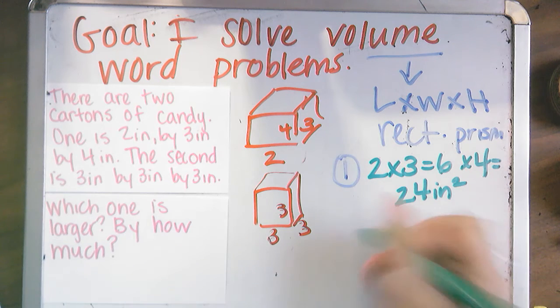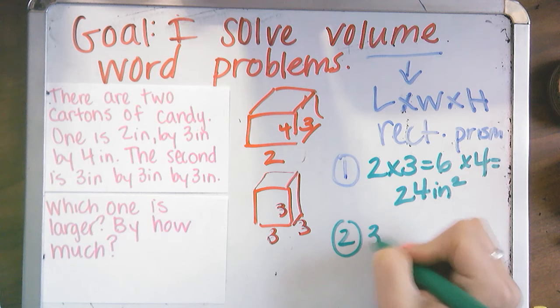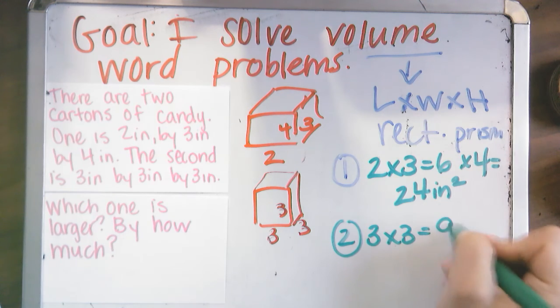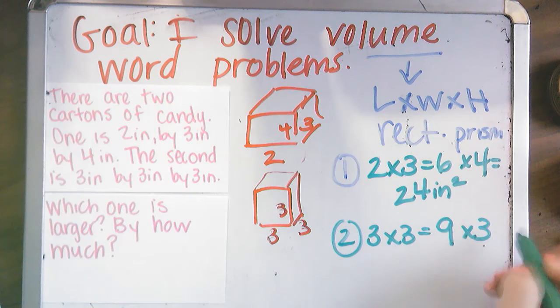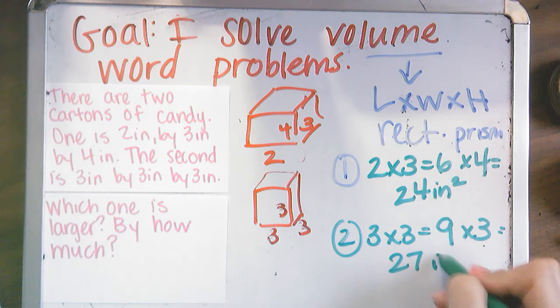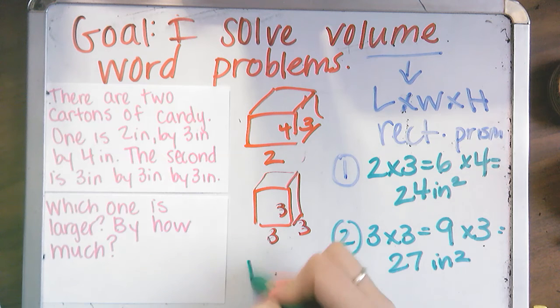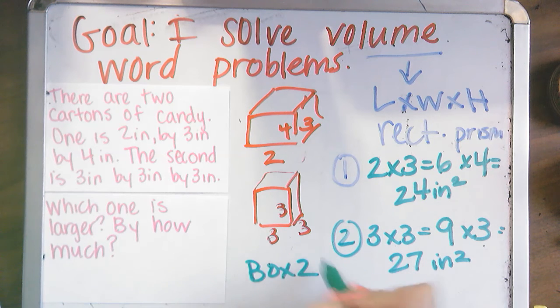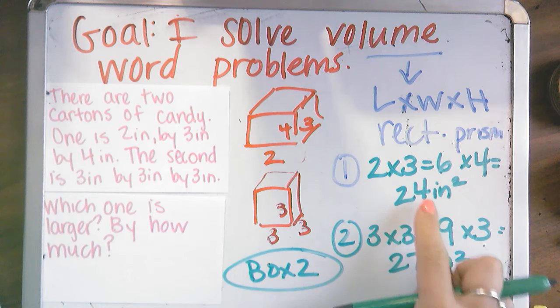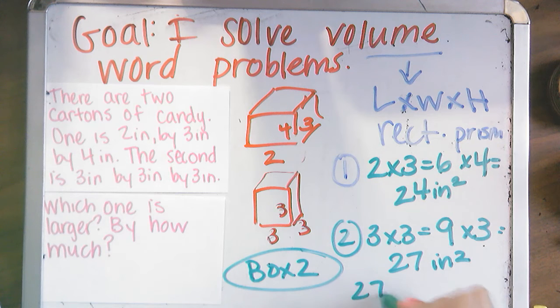And then for the second one, we would do 3 times 3, which is 9, and then 9 times 3, which is 27 inches cubed. So box 2 is bigger, and it's bigger by, well, 27 minus 24 is going to be 3 inches cubed.